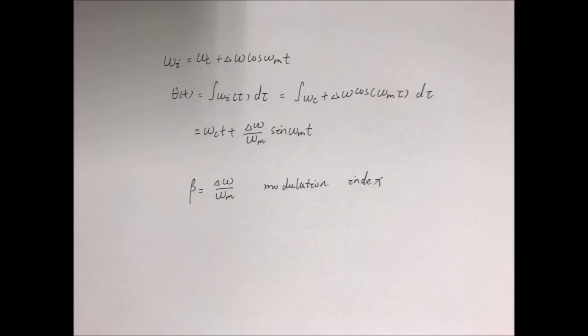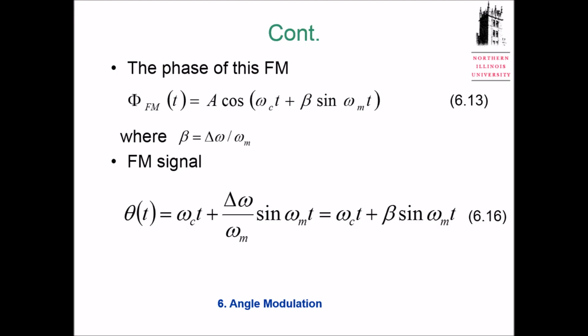So how about my phase, theta t? Phase is the integral of my omega i. So we get omega c t plus delta omega over omega m sine omega m t.